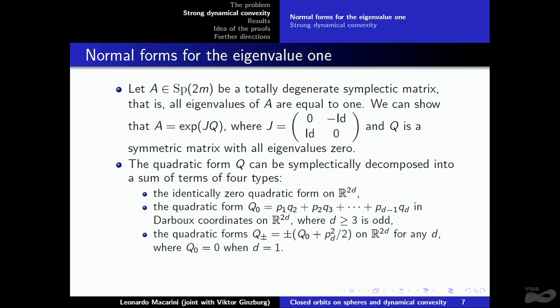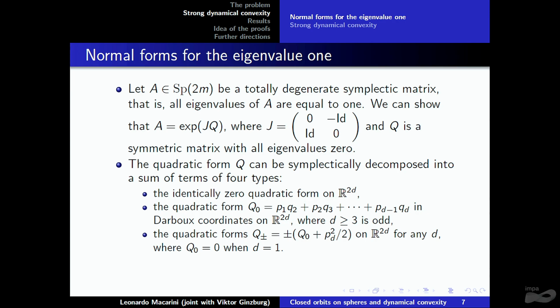And then there is a result that you can find, for instance, in the book of Arnold-Givental, Symplectic Geometry, I think in an appendix, I'm not sure, that you can decompose symplectically this quadratic form Q into a sum of terms of 4 types.